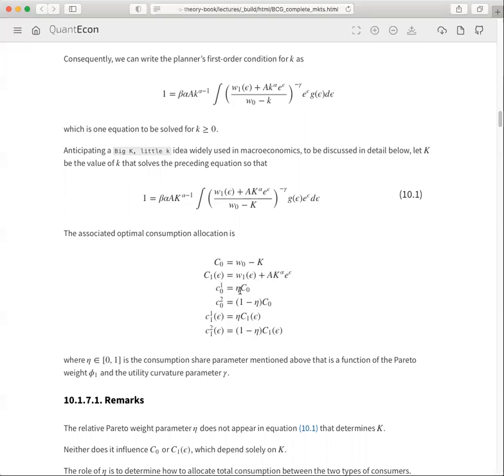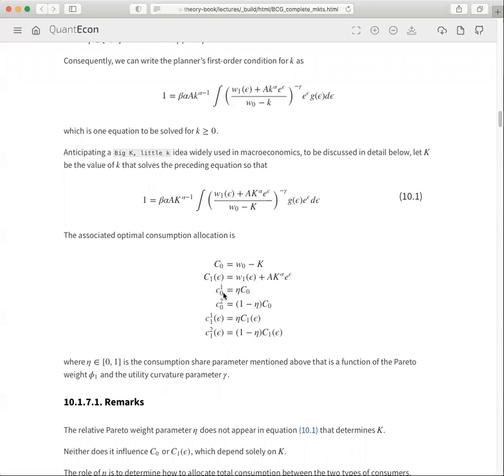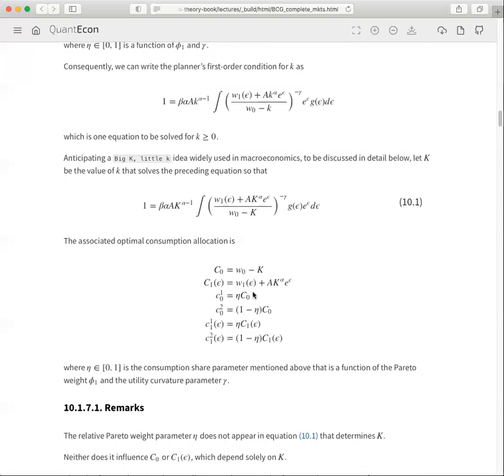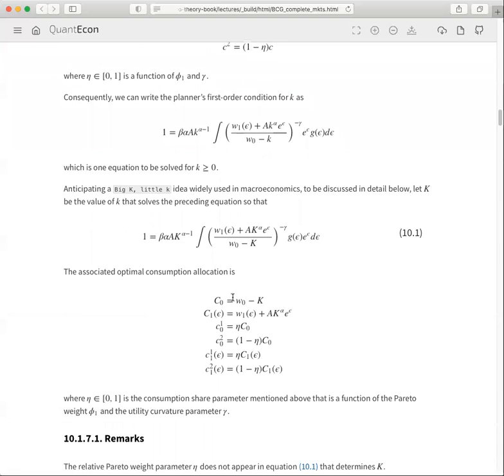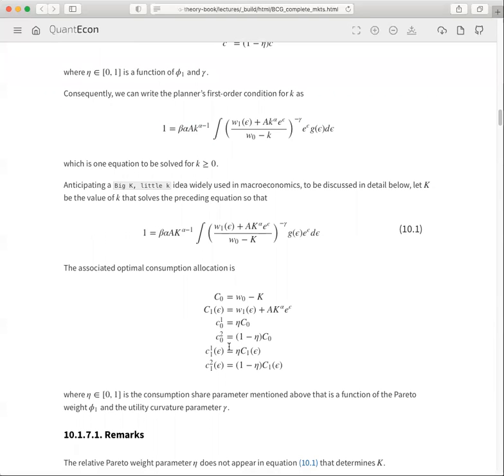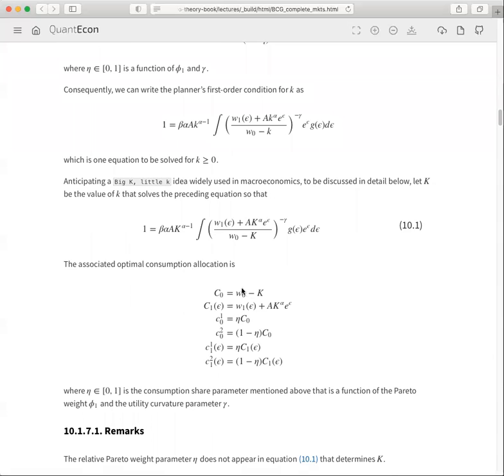And now I just take these etas, which are the shares, which I got as functions of the Pareto weights. Those came from this equation. I can manipulate this equation and the feasibility to get this. So now I have the consumptions of the two kinds of guys in both periods and in all states. So that's how we solve the planning problem.